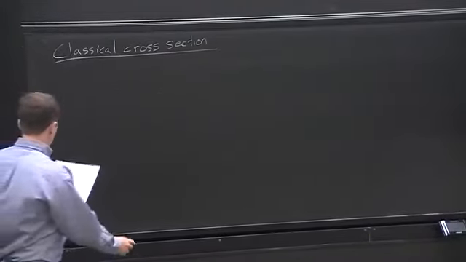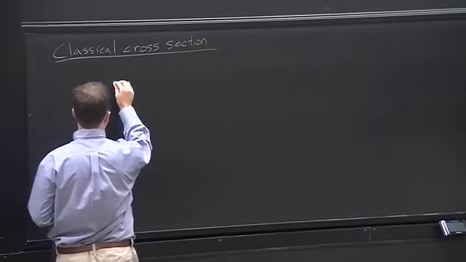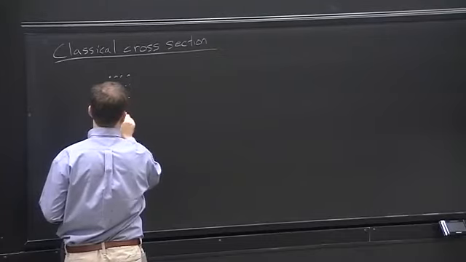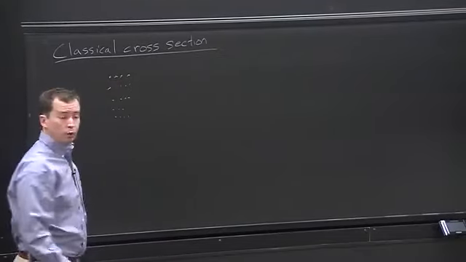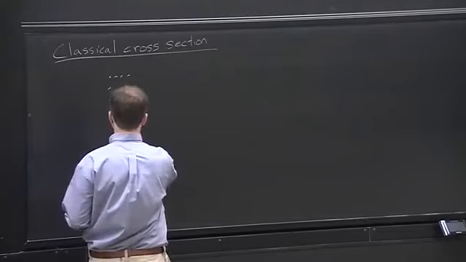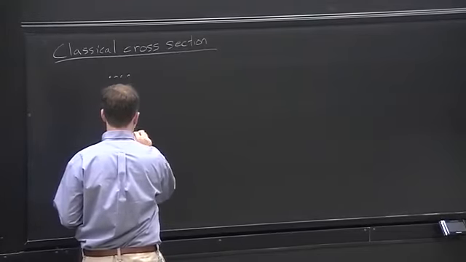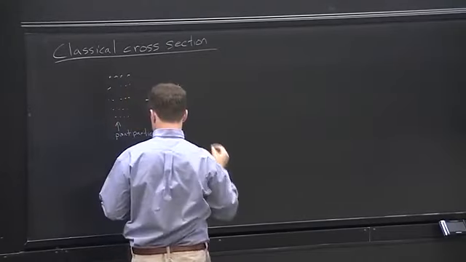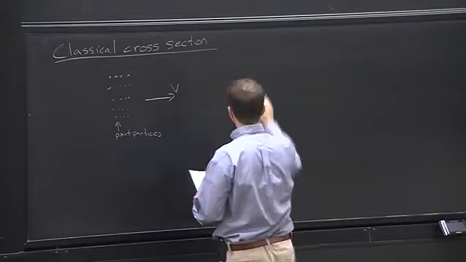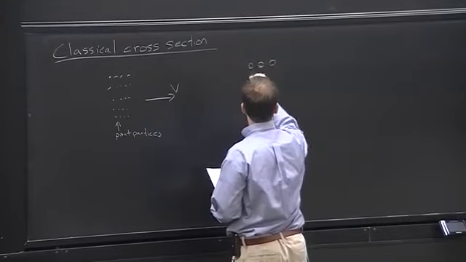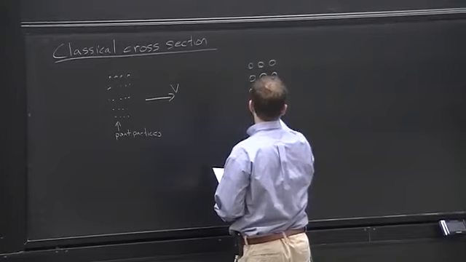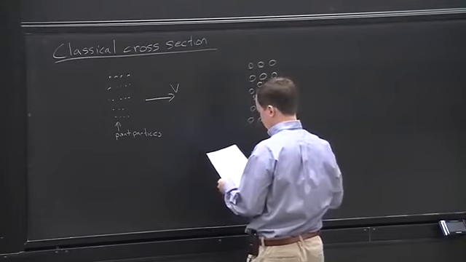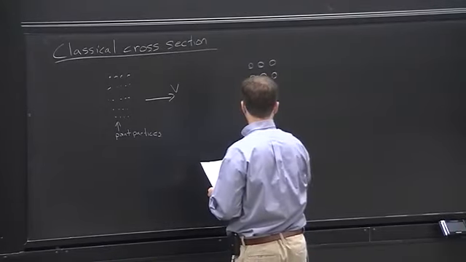So the type of experiment we have in mind is we've got a beam of point particles. These are point particles that are moving with some velocity v towards some targets, which are at rest.